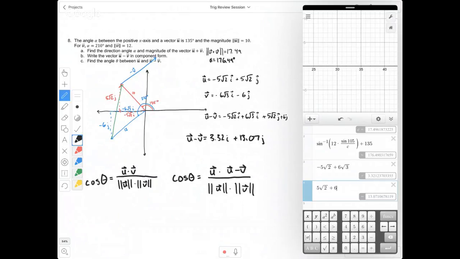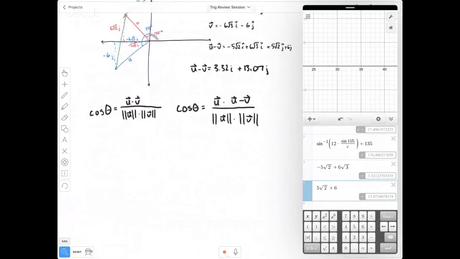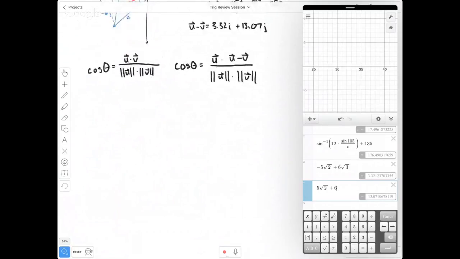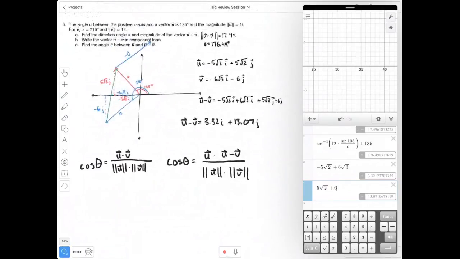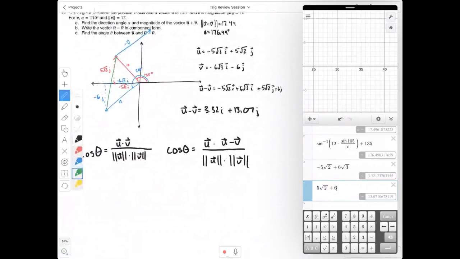Okay, so for vector u, I had a1, b1, and for vector u minus v, I have a2, b2.